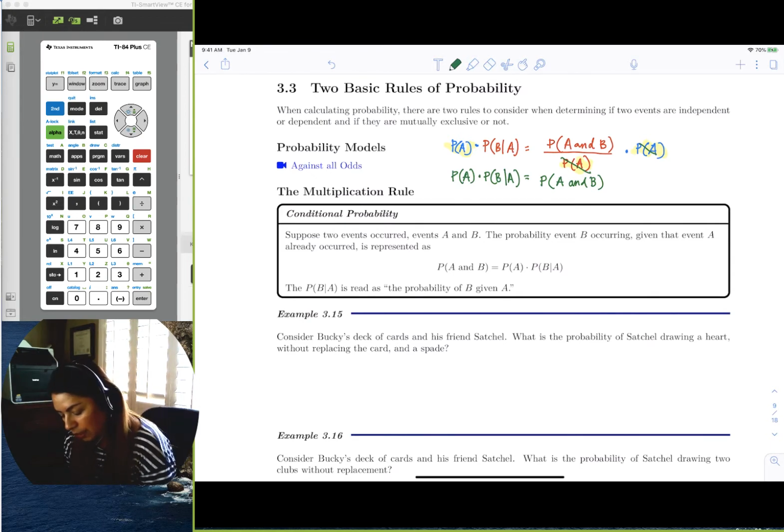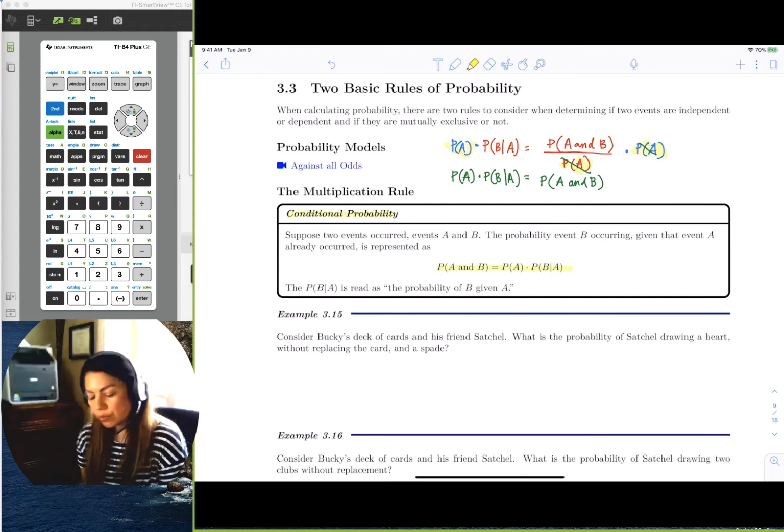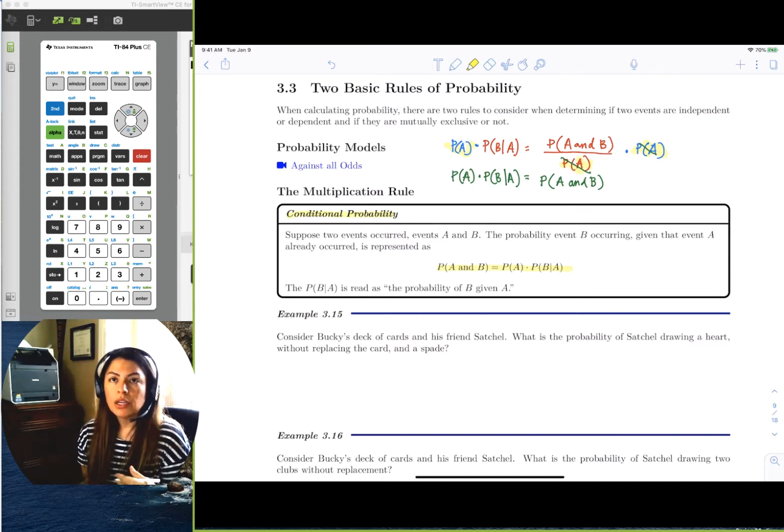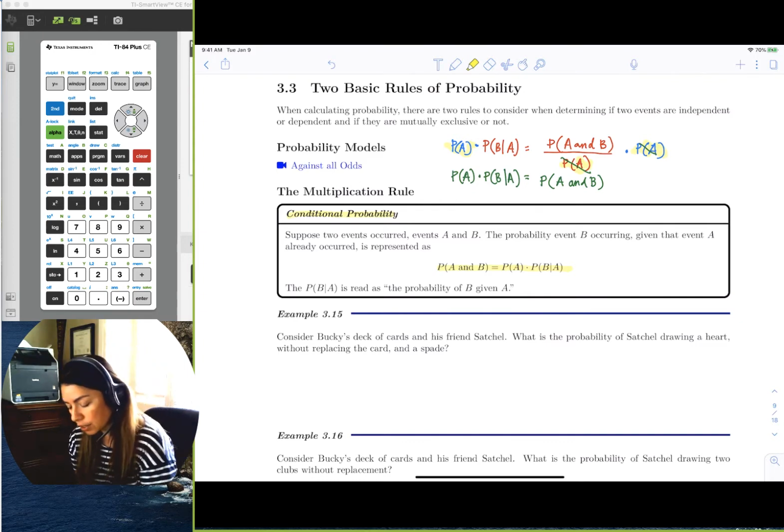This is how we get the conditional probability formula, which is really the multiplication rule, and it's generic. Sometimes you're going to have independent events and sometimes dependent events, but this rule works for any type of events. So it's one rule for all.